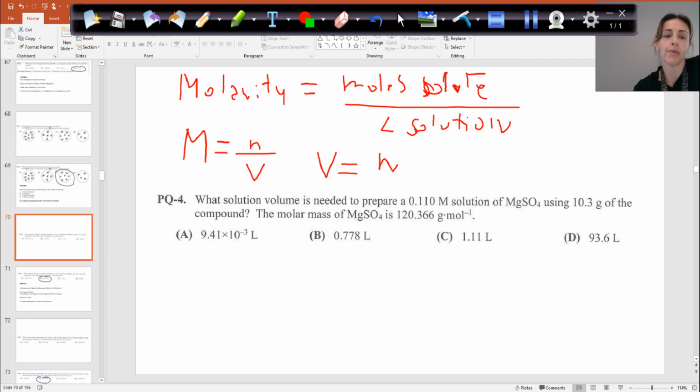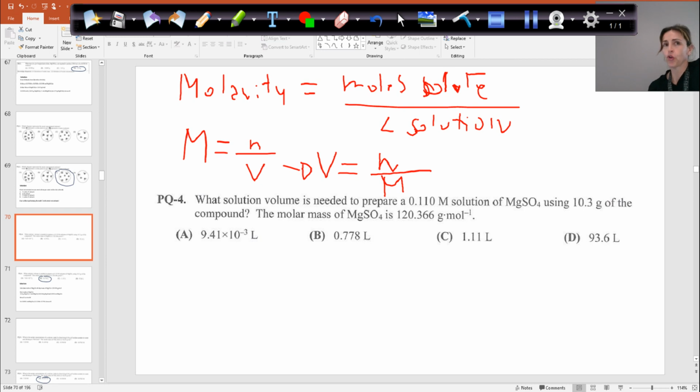I can bring the volume up and the molarity down, right? So moles divided by molarity. How are we doing with the inverse formulas and rearranging formulas? Everybody knows how to go from here to here, yes? Okay.